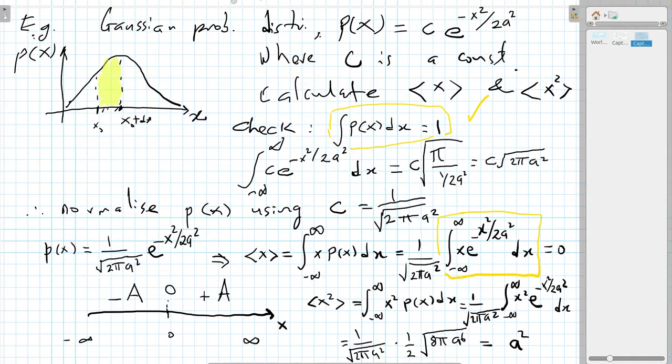So you can see that if I go back to the previous page, to connect with the subject under consideration, the subject we're discussing is the kinetic theory of gas.